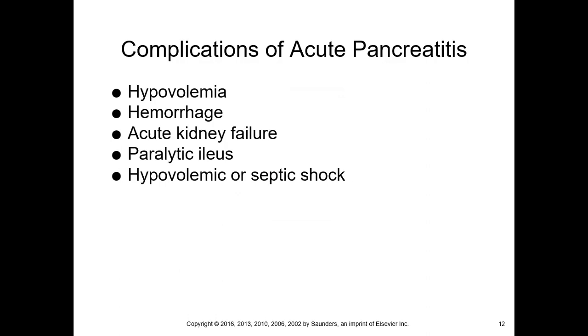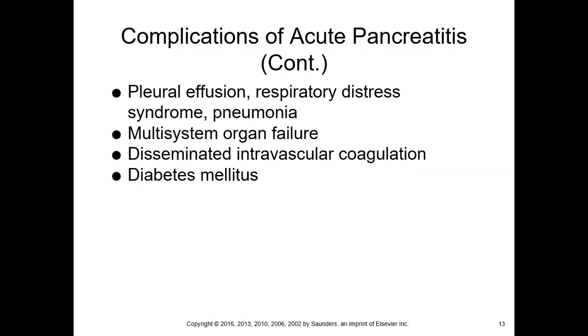Complications of acute: hypovolemia, hemorrhaging, kidney problems, paralytic ileus, shock. They can also get pleural effusion, respiratory distress, and start shutting down all the organs. Sounds scary, doesn't it? Disseminated coagulation, and then I mentioned earlier too, the diabetes.